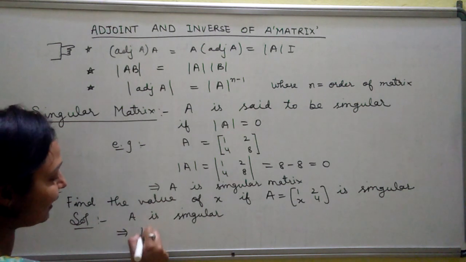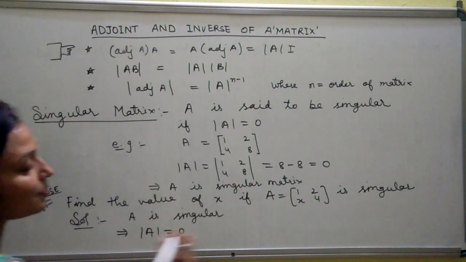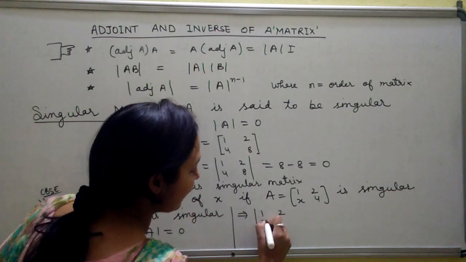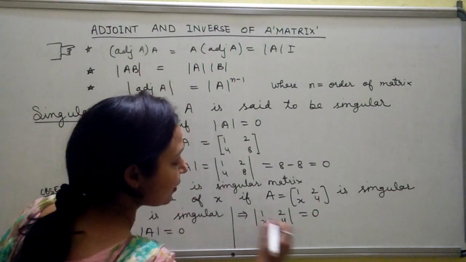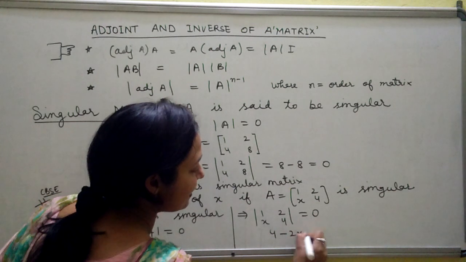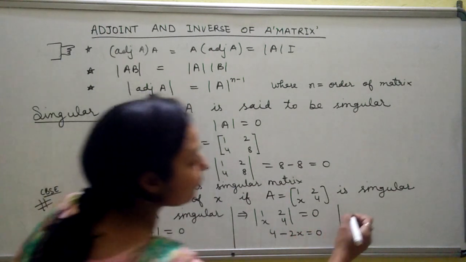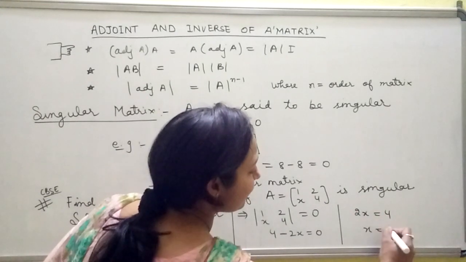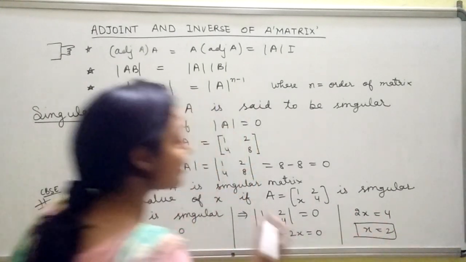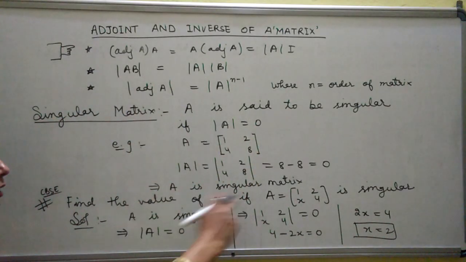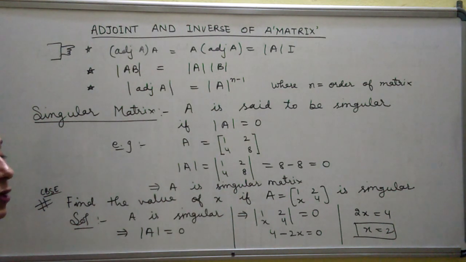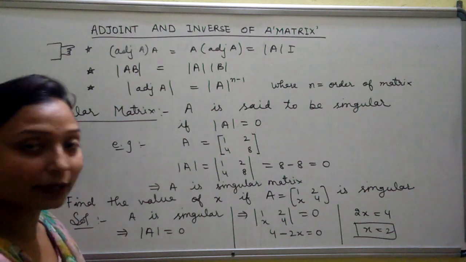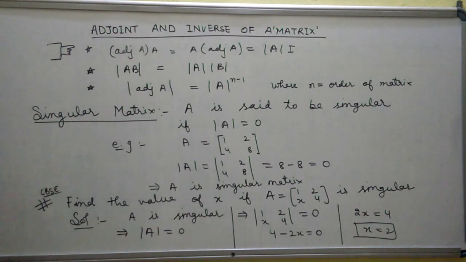This implies the determinant of A is equal to 0. Therefore, the determinant 1, 2, x, 4 is equal to 0. Take 4 minus 2x equals 0. We have 2x equals 4 and x equals 4 divided by 2, that is 2. So this is the way of finding the value of x if it is given that it is a singular matrix.